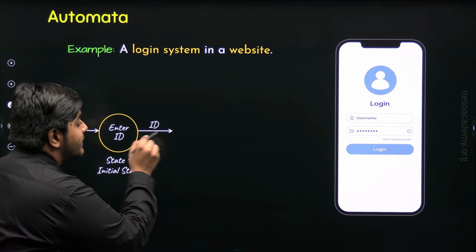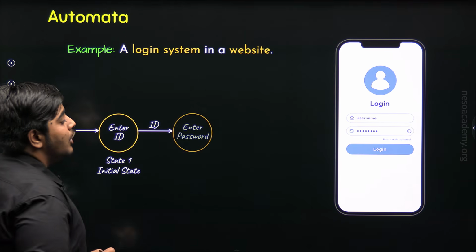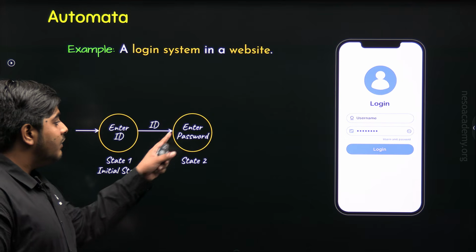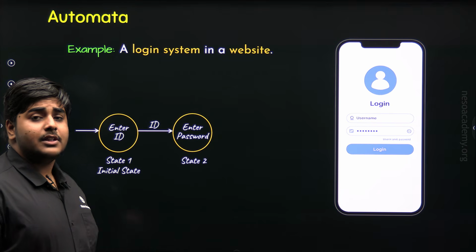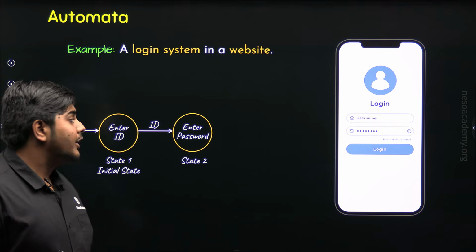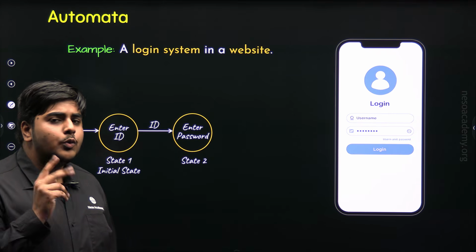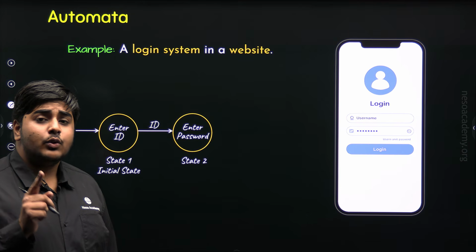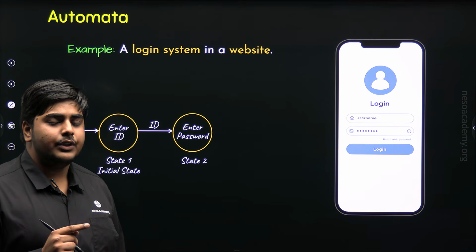When the user enters the ID, there will be a transition from state number 1 to state number 2, which is enter password. Now, the login system is in the state in which it is requesting the user to enter his password. Now, there are two possibilities. If the user enters the correct password, he will get the access to his account.